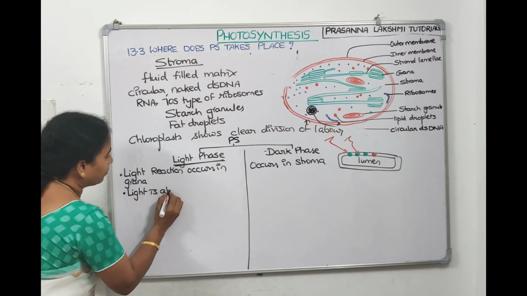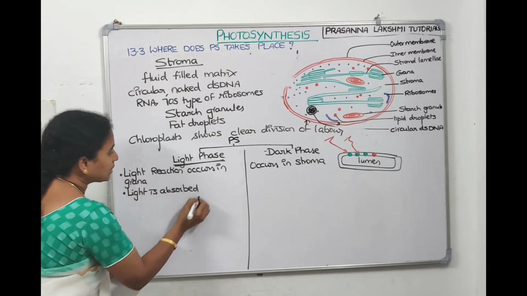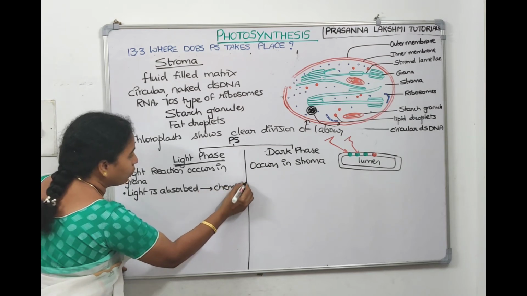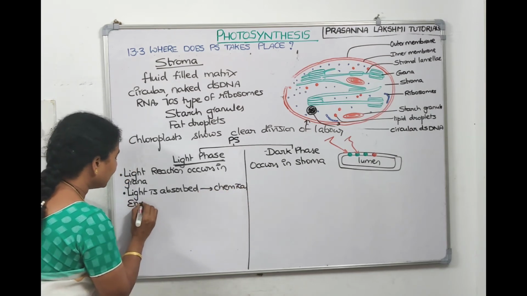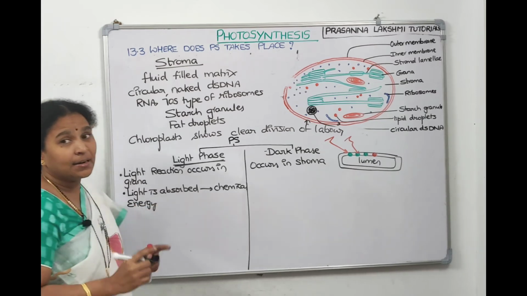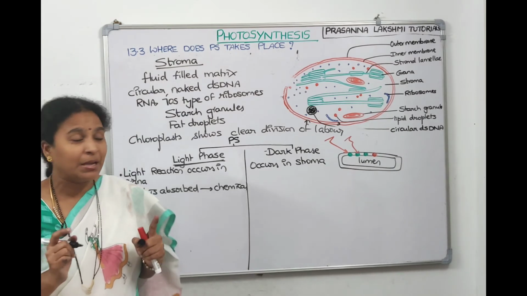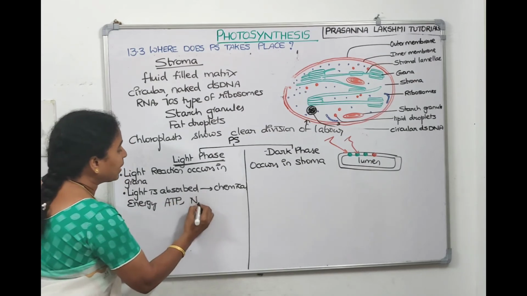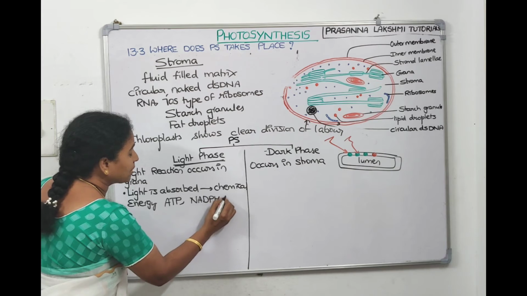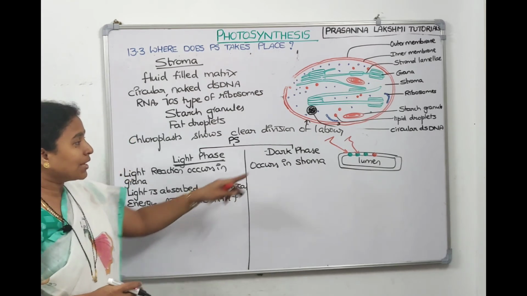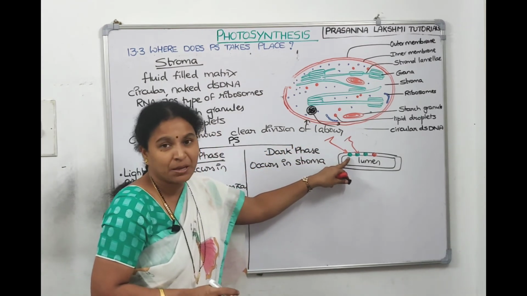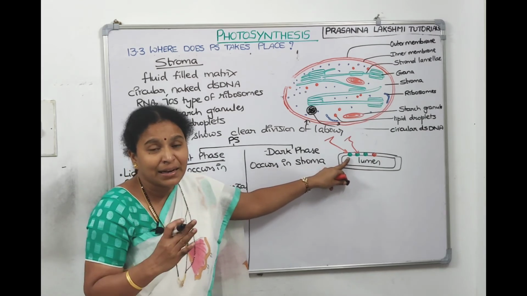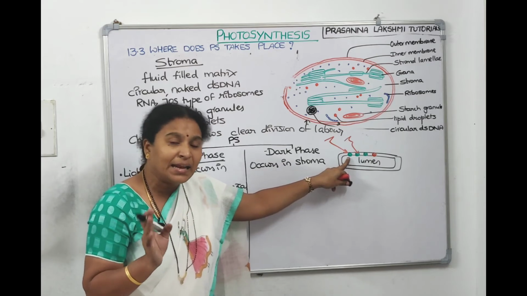Light is absorbed and converted to chemical energy. Sunlight, photon energy, is converted to chemical energy. What is chemical energy? ATP is direct energy and NADPH plus H plus is reducing energy. The sunlight energy is absorbed by these pigments present on the grana thylakoid membrane, and they convert that energy into ATP and NADPH.